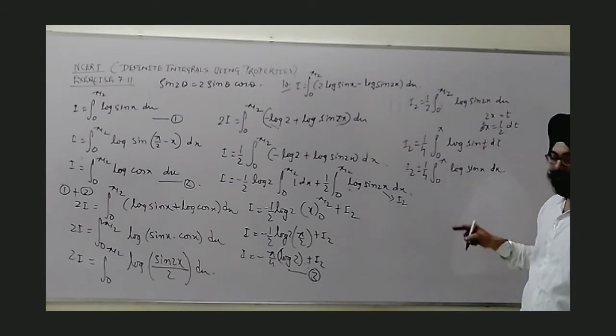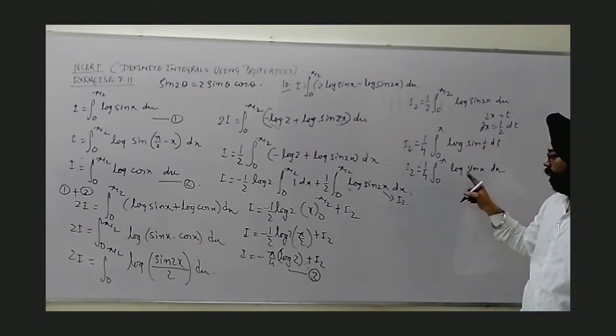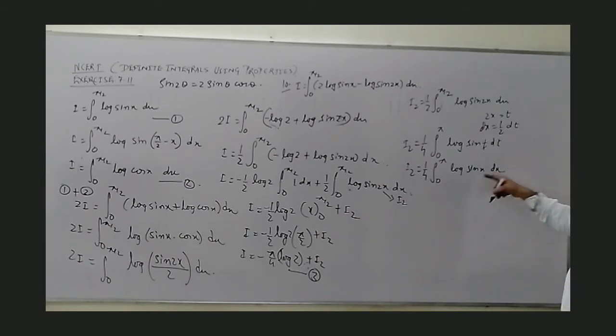So using property number 6, as I see, log sin of pi minus x is equal to log sin x, which says, as we recently discussed, that f of 2a minus x is equal to f of x.